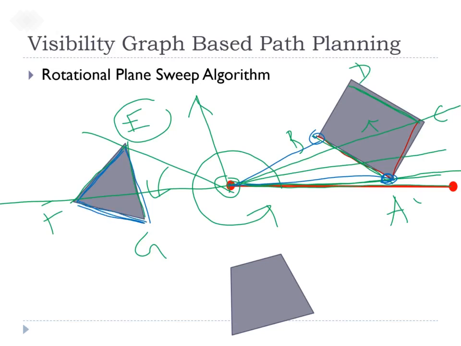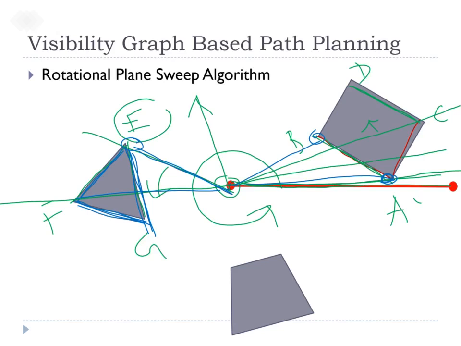So in this way, what we do is that we keep on updating those edges which are intersecting with the line of sight as active edges responsible for obstructing the vision, and at the same time these vertices are also counted which are visible from the current location, like the vertex E is visible from the current location, but F is not visible, because you can see that these two are lines which are responsible for its obstruction.